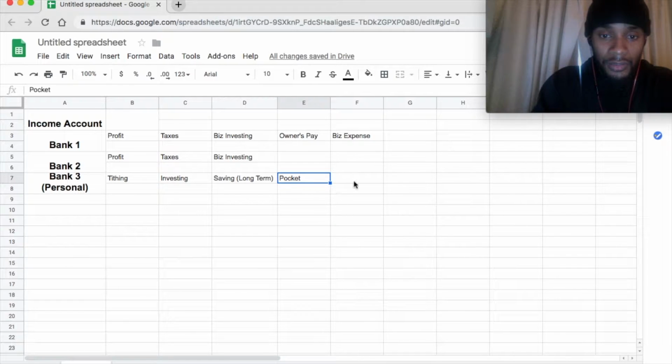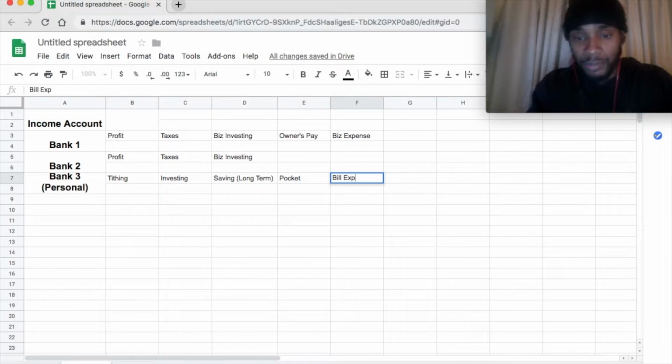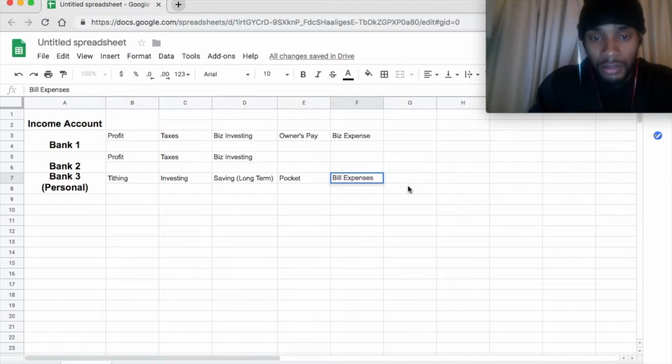Now, right here is bill expenses that come out of your personal because these are your rent, car note, whatever you have to pay, your cost of living pretty much.